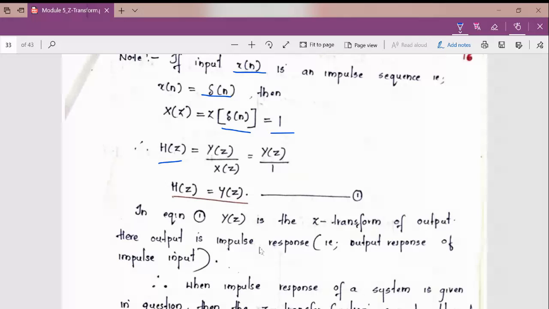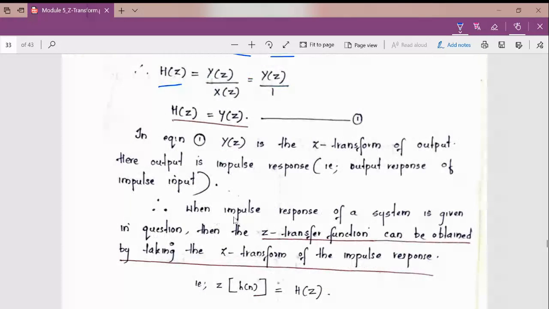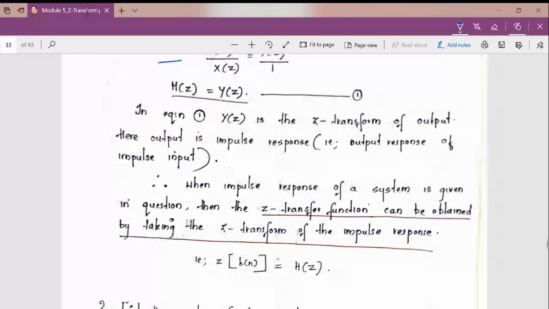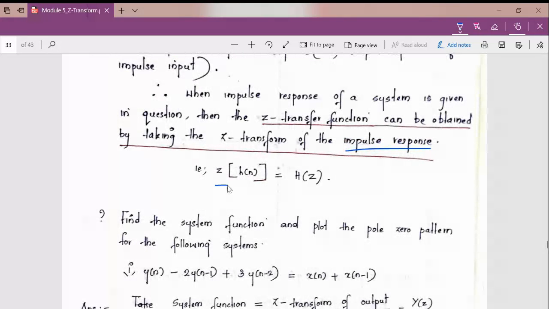Here the output is the impulse response, the output response to the input. Therefore, when the impulse response of the system is given in a question, then the Z transfer function can be obtained by taking the Z transform of the impulse response. That is, Z of h of n is equal to H of z.